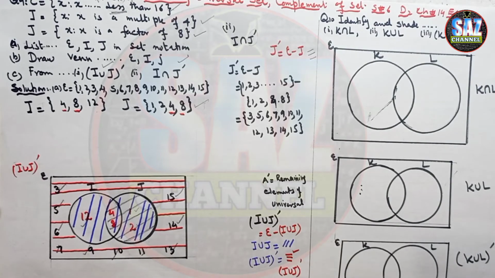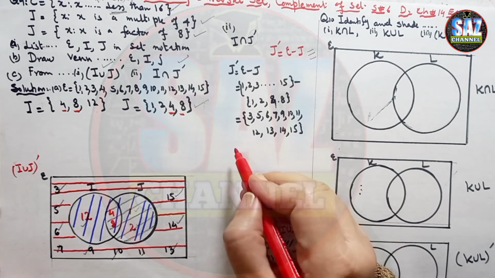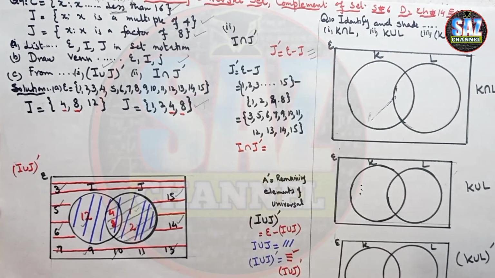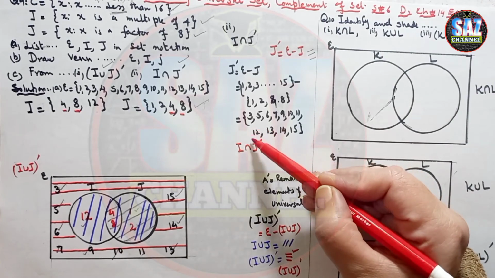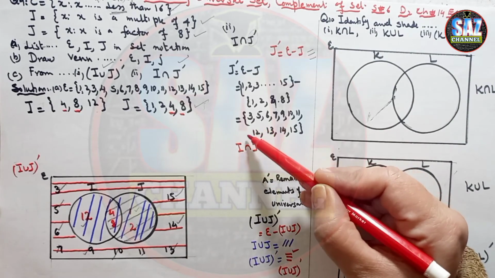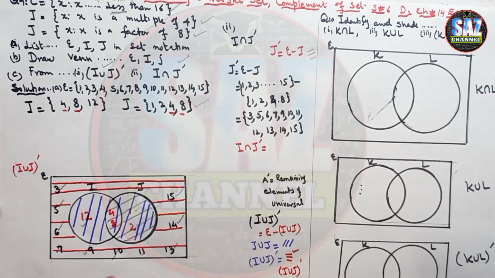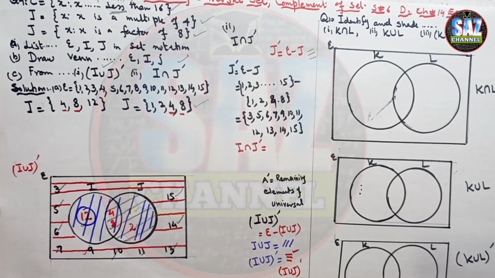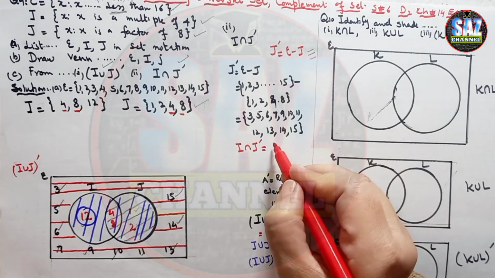Then I have to take the intersection of j complement with I. See what element is there within j complement and what element is there in I. We can see that only one element, which is 12, is coming in common. So I intersection j complement will be equal to 12.